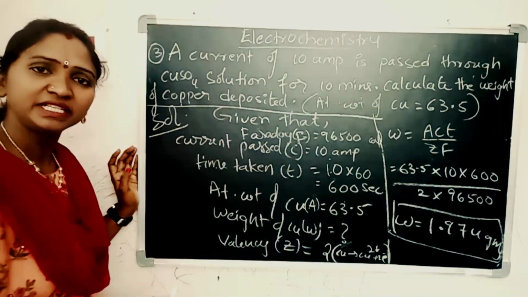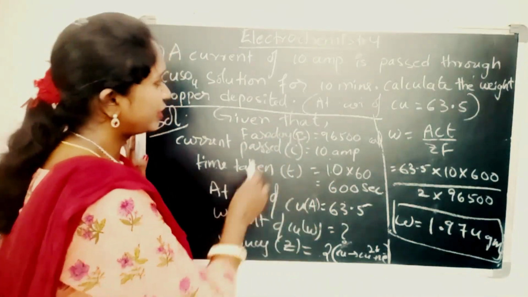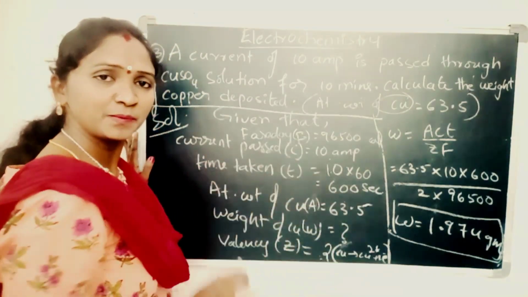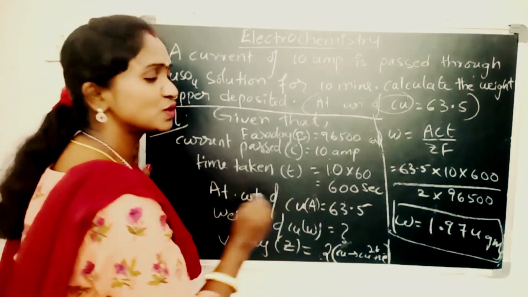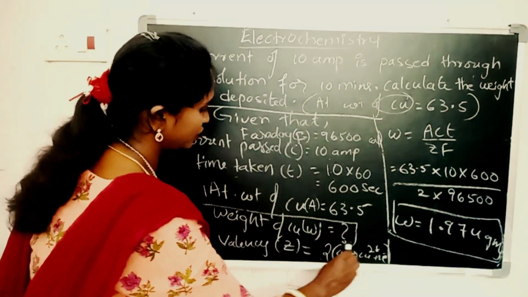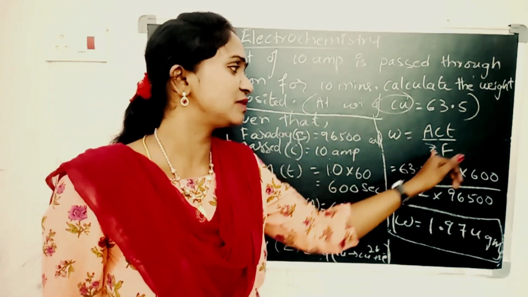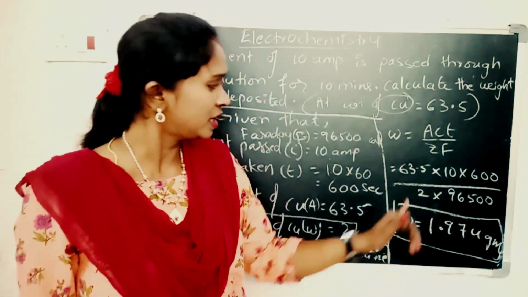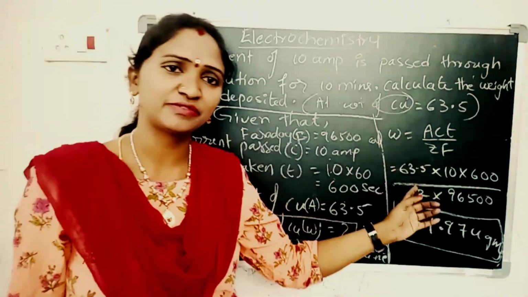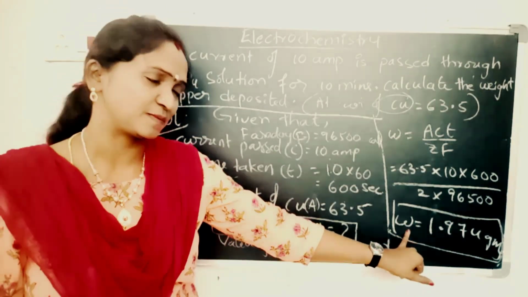We know the Faraday's value, and from the element we can know the valency. So we are using W equal to ACT by ZF, and after placing all these values in this formula, we get the weight of the copper deposited.